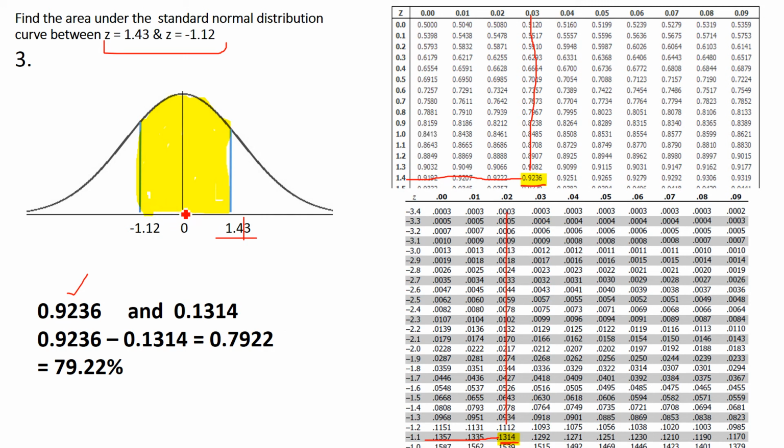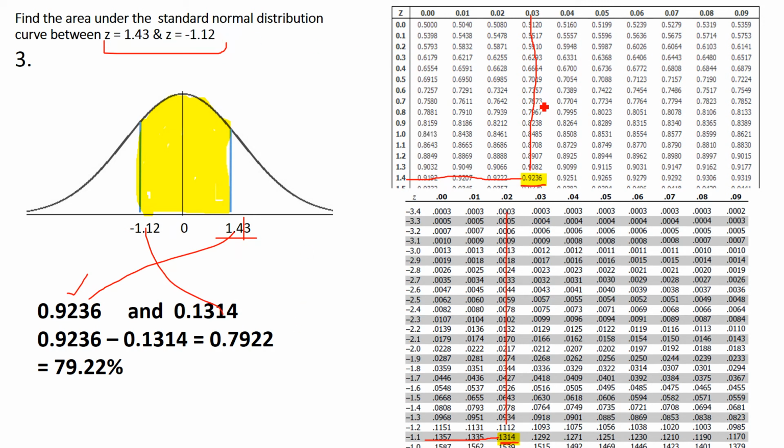We have to find out this area, right? So subtract the negative value's area from the positive value's area. This is for the positive value, this is for the negative. This minus this is equal to 0.7922. In percentage we will say 79.22%.